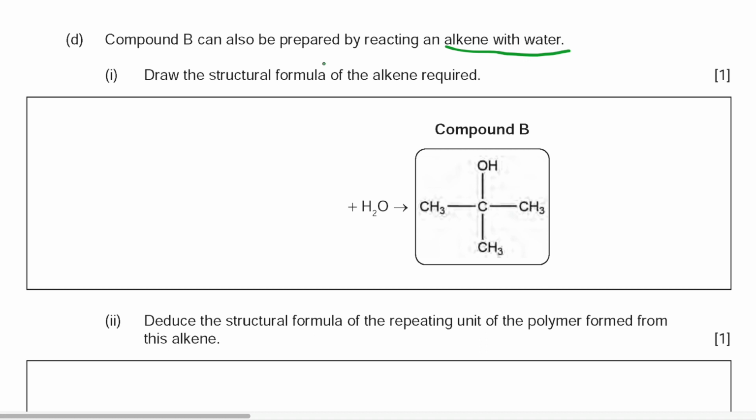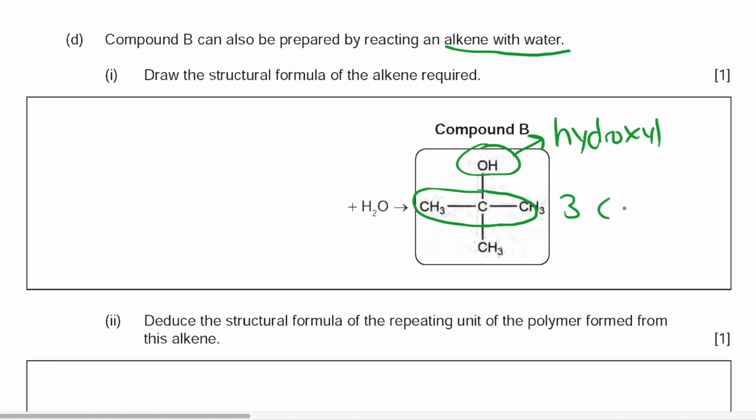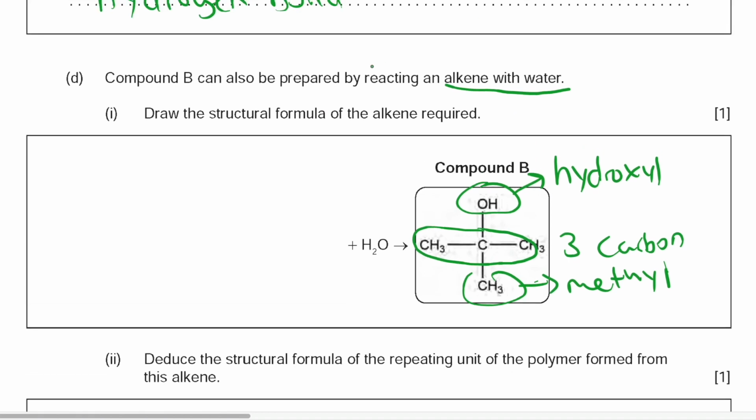So here we have the functional group, hydroxyl, and the longest chain has 3 carbons with a substituent of methyl. And for the alcohol formation, we know that it will be an alkene plus water to form an alcohol, right?